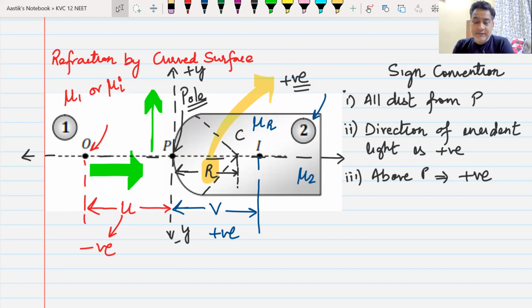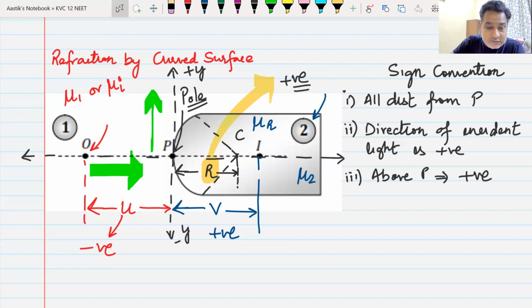Here, one thing you have to remember: in reflection, almost every problem we had done, 99% or even 100% of problems, had light coming from the left hand side. Here, you can understand that light may not always come from the left hand side, light may also come from the right hand side, and therefore you must be careful that the direction of light is taken as positive.